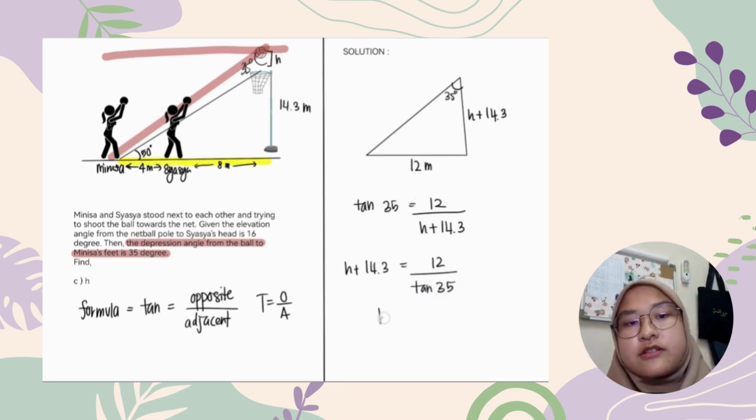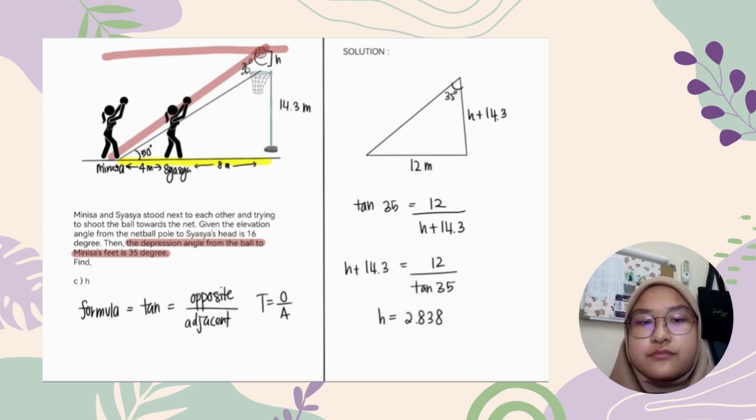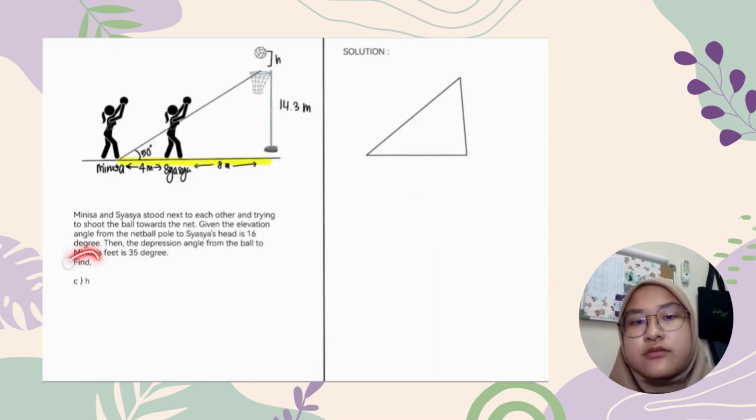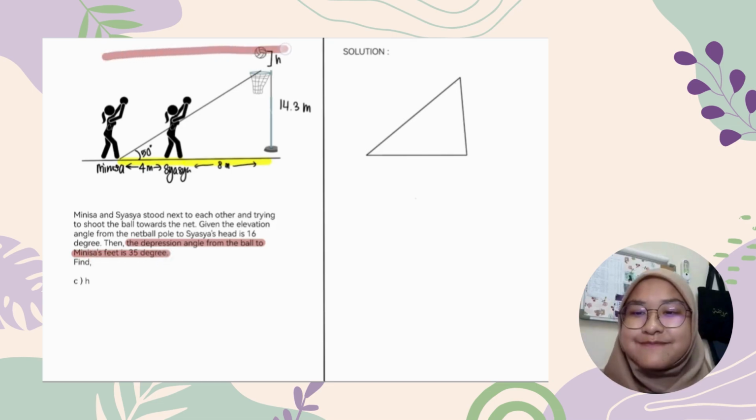So we are going to switch the places, and we get h equals 2.838 meters. So we can see the h distance of the ball and the pole is 2.838 meters. That's all from me.